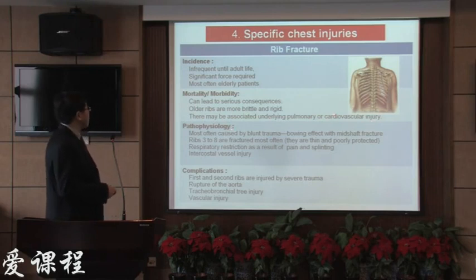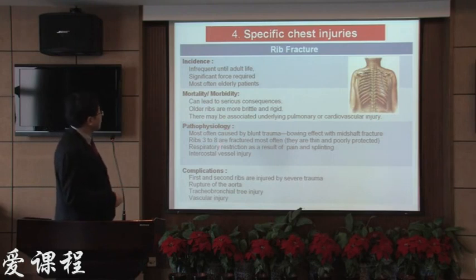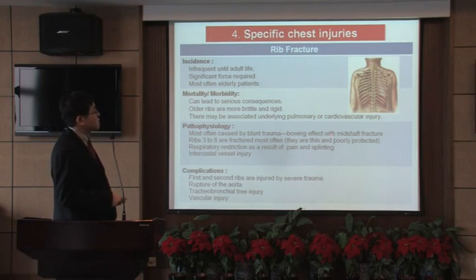What's the pathophysiology of rib fracture? It is most often caused by blunt trauma. It always has a bowing effect or a middle shaft fracture. We should always know the most important is the middle shaft fracture. Ribs 3 to 8 are fractured most often. Why?